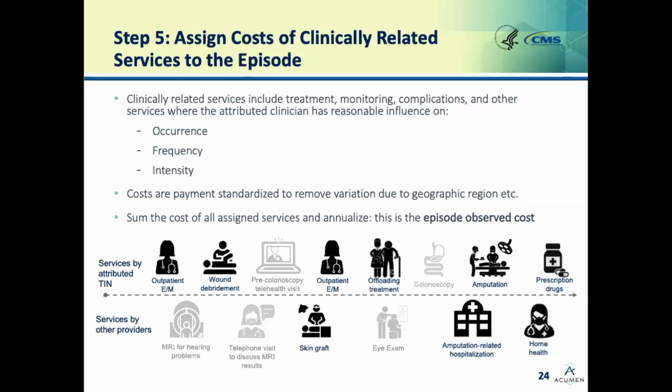So in black, you can see that they reflect non-pressure ulcer related care, such as E&Ms, wound debridement, prescription medications, and complications like amputations. Whereas in the gray, you can see that they could represent anything that's not related. So in this case, a colonoscopy or an eye exam.